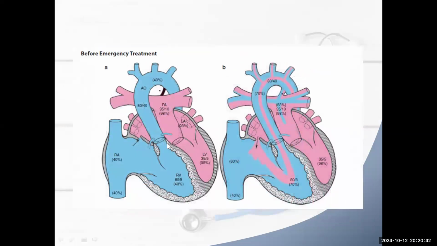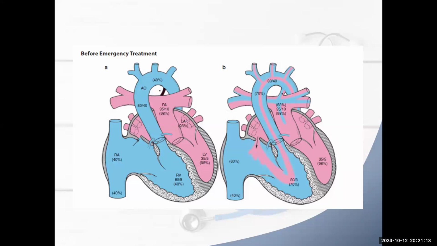What happens in DTGA, dextro TGA? The aorta comes anterior and to the right from the right ventricle, and the pulmonary artery comes posterior and to the left from the left ventricle. So the desaturated, deoxygenated blood returns to the right atrium from the superior vena cava and inferior vena cava, then to the right ventricle, and it should go through the pulmonary artery to the lung.